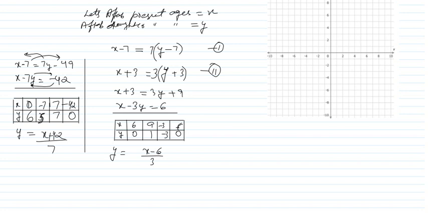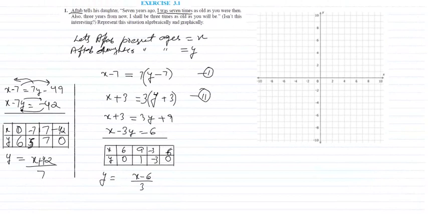So these are the points we need to plot on the graph: 0 and 6. So x is equal to 0 and y is equal to 6. This will be the point. Minus 7 and 5, so this will be the point. Then we have 7 and 7, x is equal to 7 and y is equal to 7, this point.